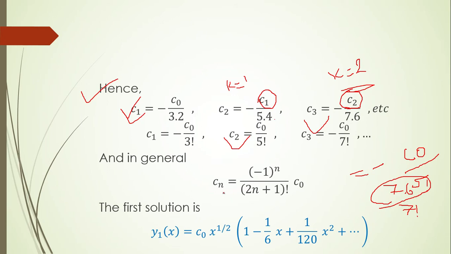In general, cn = (minus 1)^n c0 upon (2n + 1) factorial.